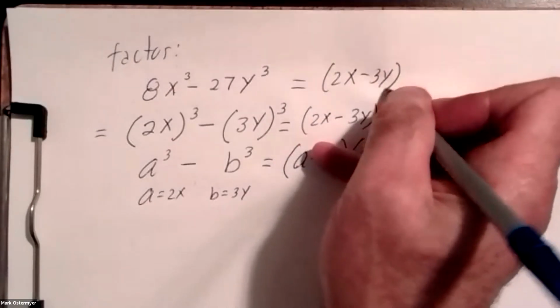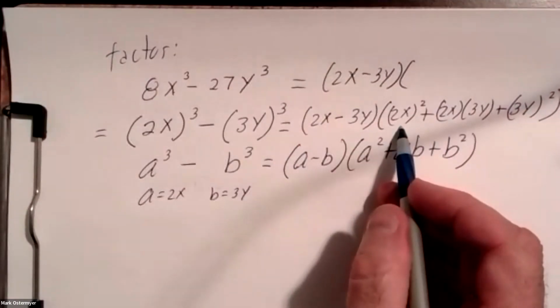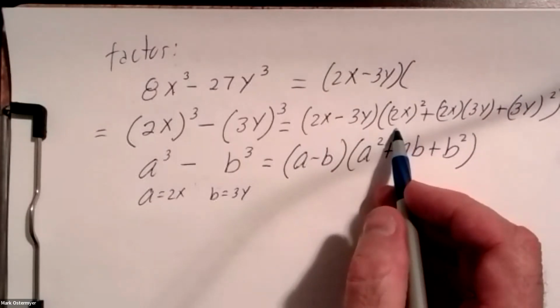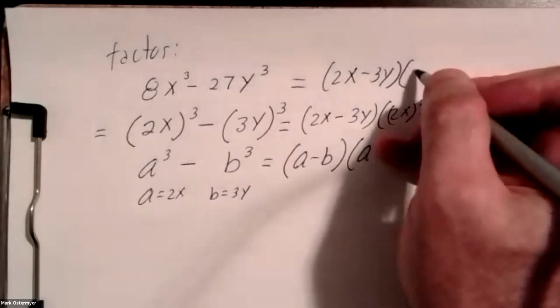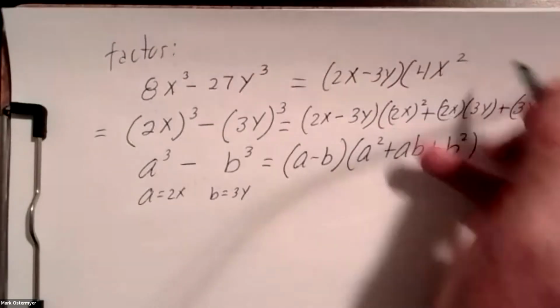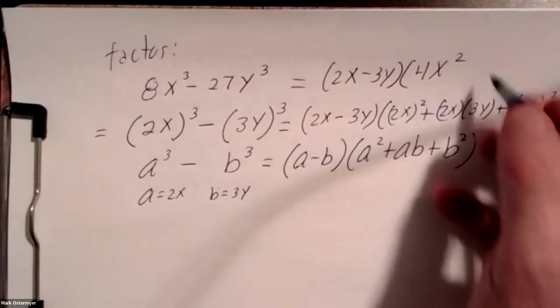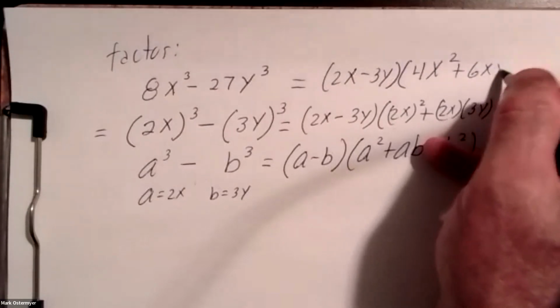2x minus 3y times, what's 2x squared? 2x times 2x. 4x squared. 2x times 3y is going to be 6xy.